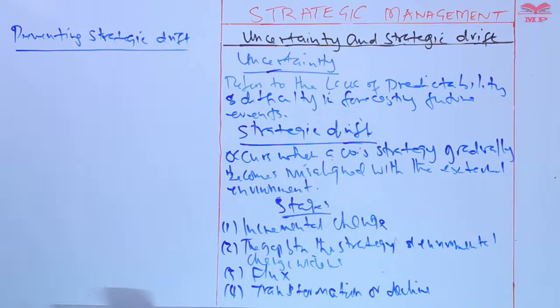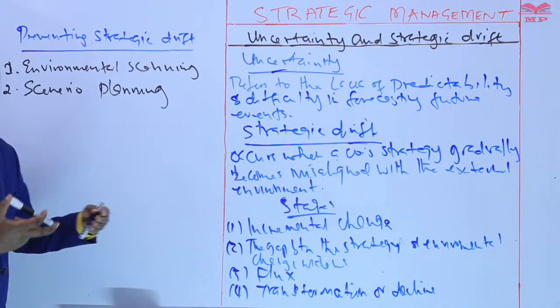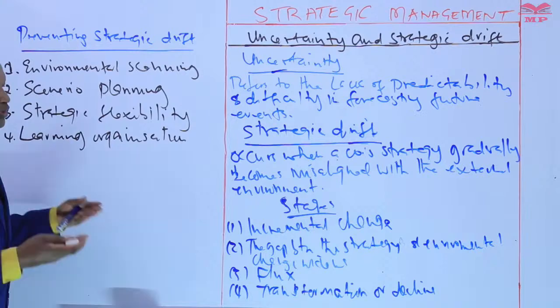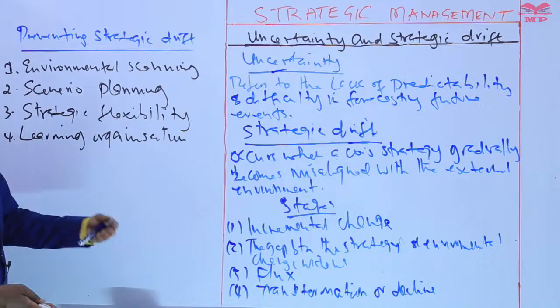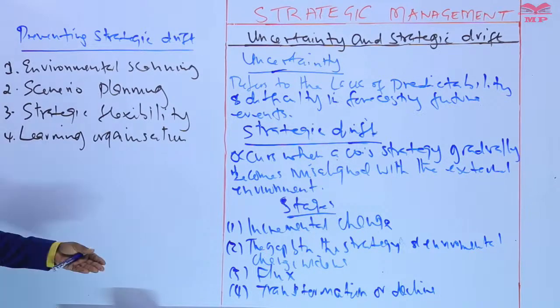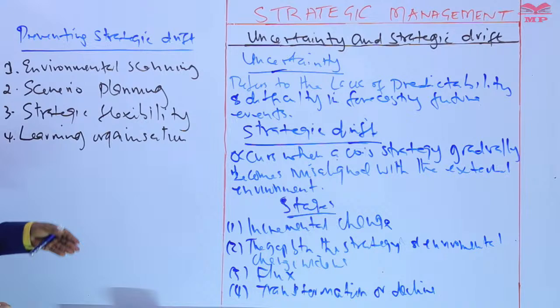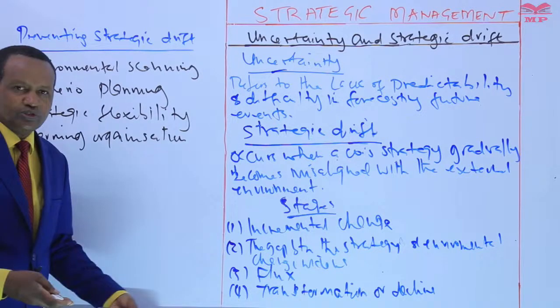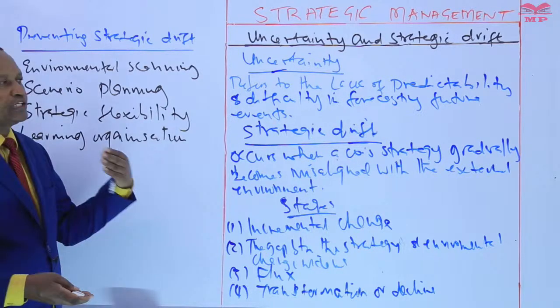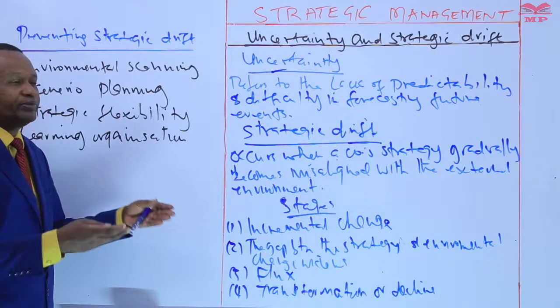Strategic drift. One is through environmental scanning. Encourage employees to challenge assumptions, to embrace new technologies, new ways of doing things, to be more creative, and to be open to change.